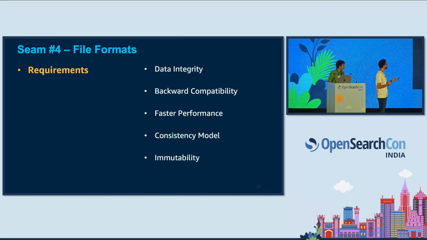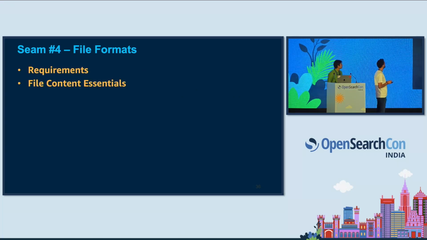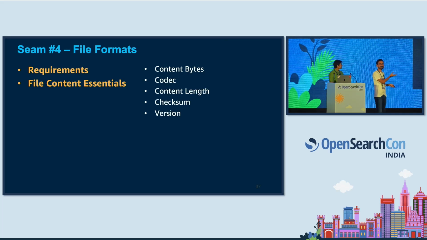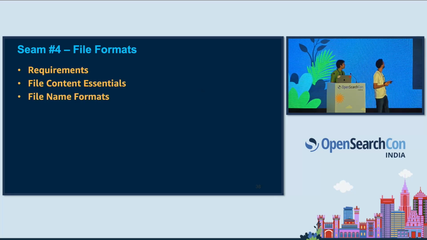What should be our consistency model, and how do we make sure that the same immutability guarantee that Lucene has, our other metadata files also preserve the same? What is the file content required? For example, the content bytes, codec, content length, or checksum required for the integrity check is something that we covered in the file formats.